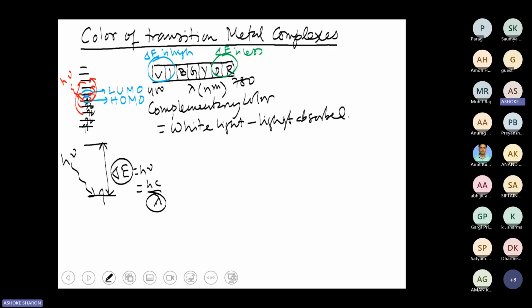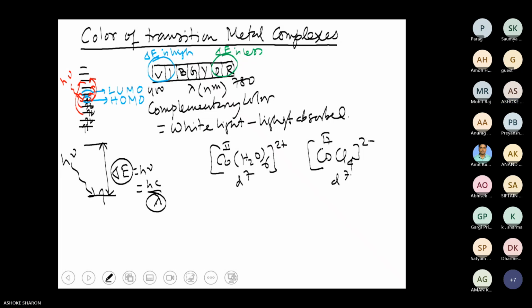We are taking two molecules here: one is [Co(H2O)6]2+, and another is [CoCl4]2-. Now you see, in both of them cobalt is in +2 oxidation state, so their electronic configuration is the same, that is d7.